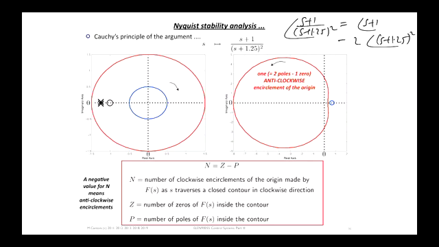By convention, we always count clockwise encirclements as positive, and anti-clockwise encirclements as negative.